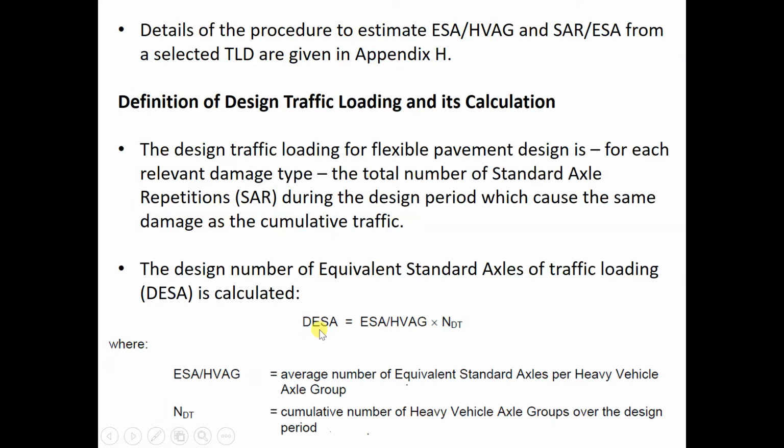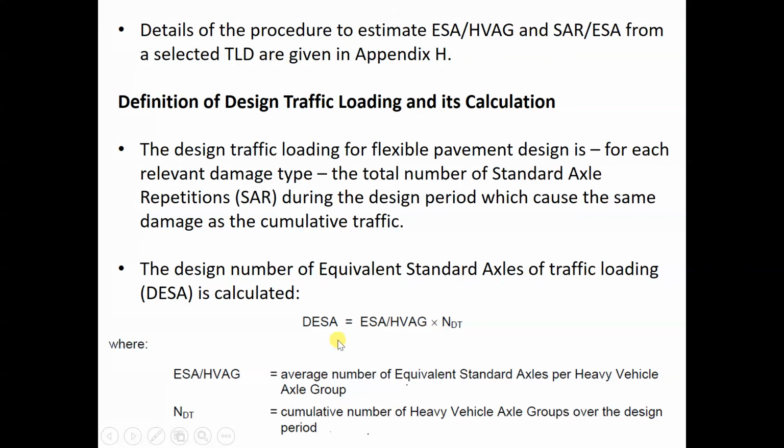The ESA you get from this conversion factor times the HVAG. Okay, so you get the DSA. Actually, this is in terms of ESA. So this conversion factor is the average number of equivalent standard axles per heavy vehicle axle group. And then this one is from the long formula we looked at just now.